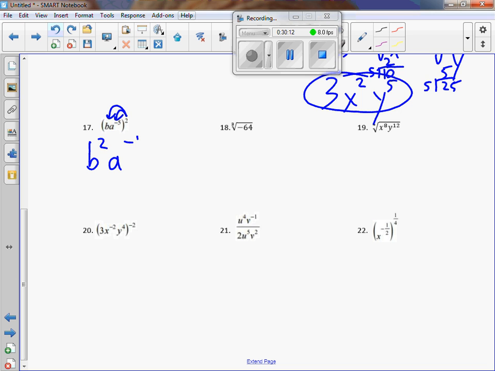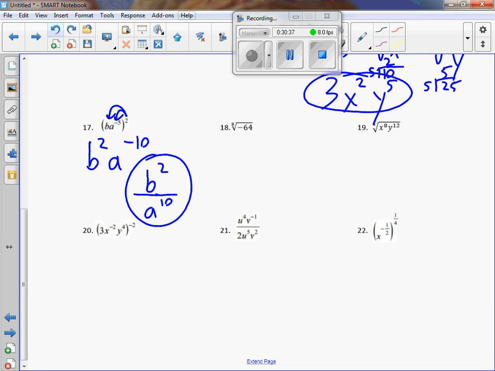So we get a to the -10th. And then what does negative exponent mean? Remember, we can't leave a negative exponent. That means drop that piece to the bottom of a fraction. And when you drop it, the negative goes away. That's your final answer.